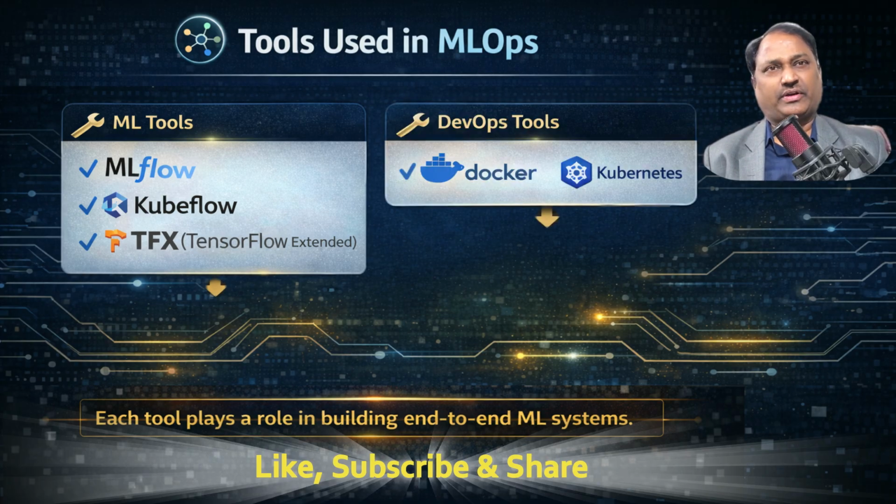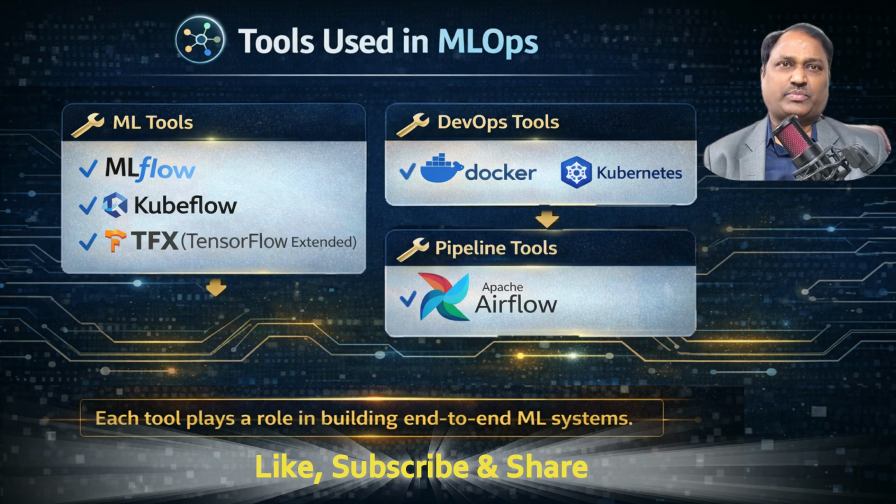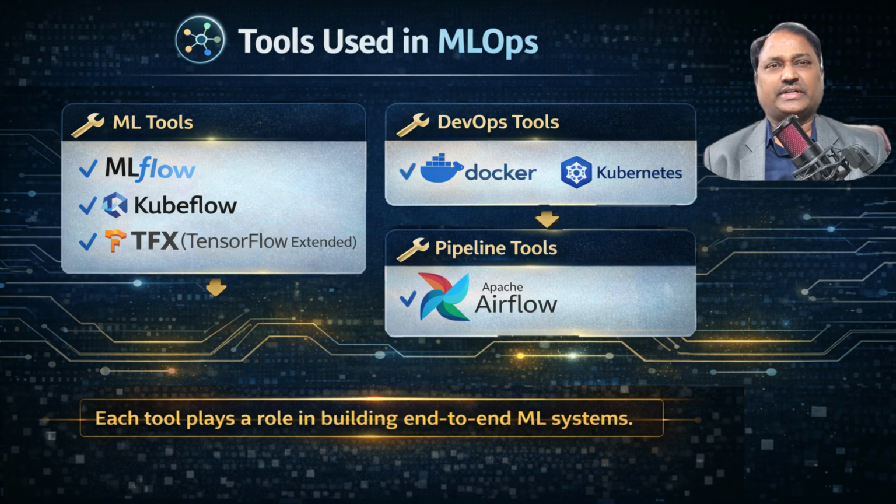DevOps tools, Docker packages applications and their dependencies into containers for consistent deployment across environments. Kubernetes, it orchestrates and manages containerized applications at scale, ensuring reliability and scalability. Pipeline tools, Airflow, an open source tool to schedule, automate, and manage complex data and ML workflows. Each tool plays an important role in building end-to-end ML systems.